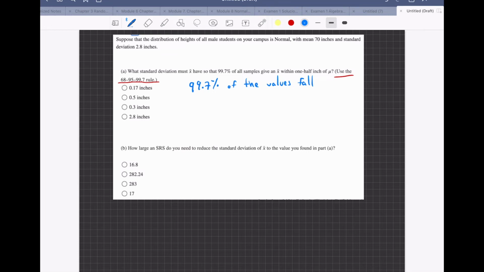The values fall in the interval mu minus 3 times, since in this case we're focusing on x bar, so we will have to use the distribution for x bar. The mean of x bar is mu, but the standard deviation is sigma over square root of n, comma, mu plus 3 sigma over square root of n.